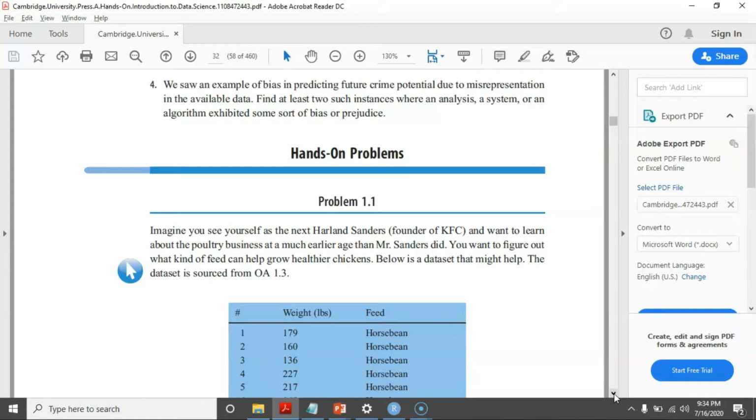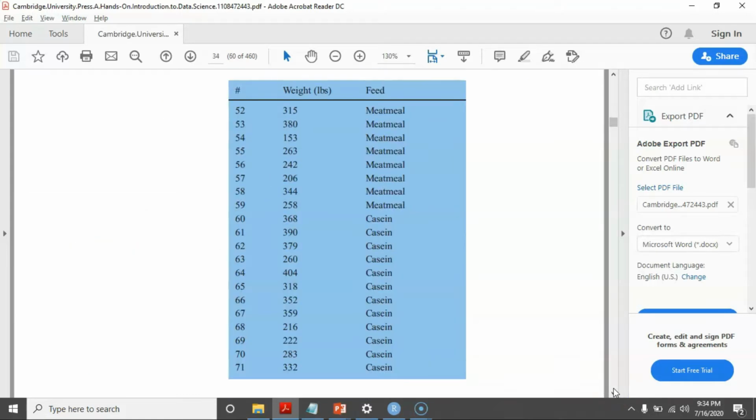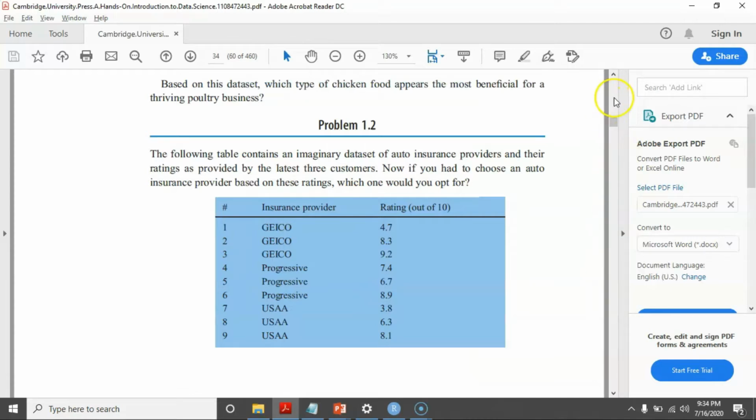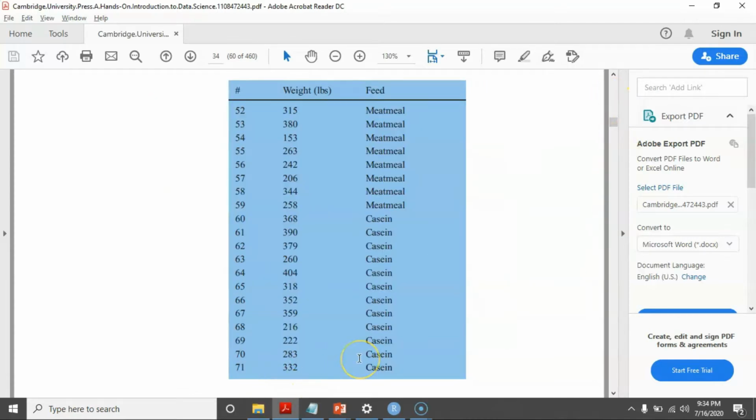Particularly here you can see there are three attributes: the serial number or instance number, the weight in lbs, and of course the feed. So this is our data set. Let's see, okay, 71. So in total we have 71 records available. Each record basically has two attributes. Number one, weight, and number two is feed.